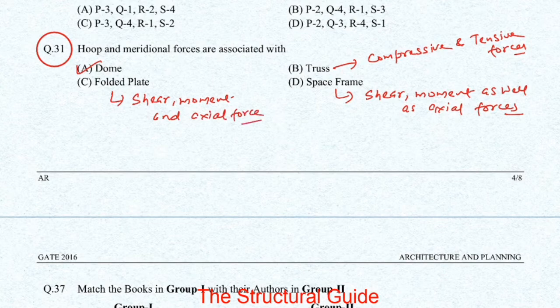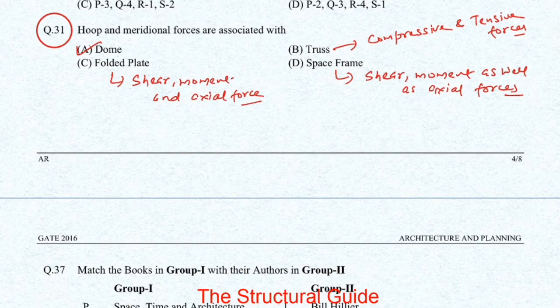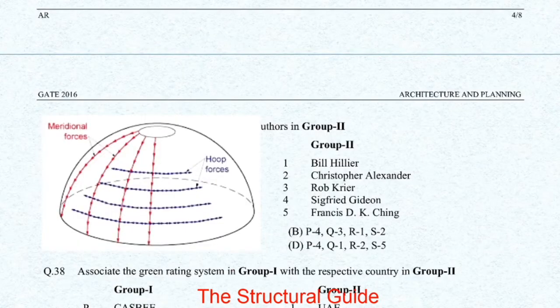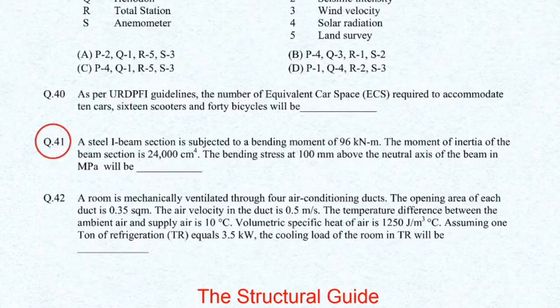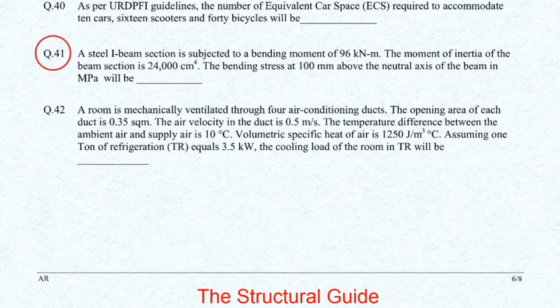So let's understand what are hoop and meridional forces. So this is a dome. In this figure, in the dome, the loads are transferred in the form of meridional forces and hoop forces, right? So let's move to the next question.